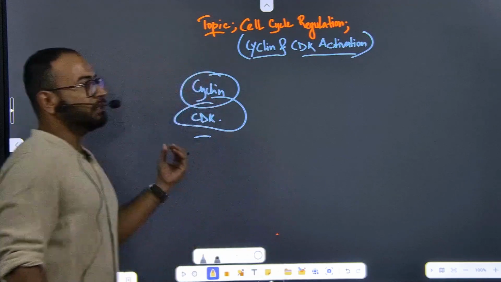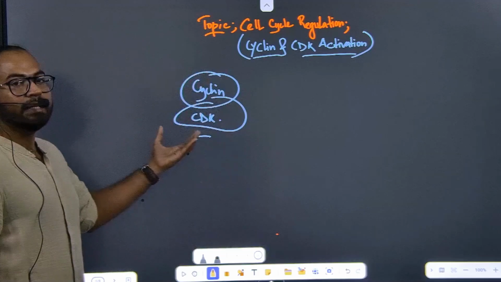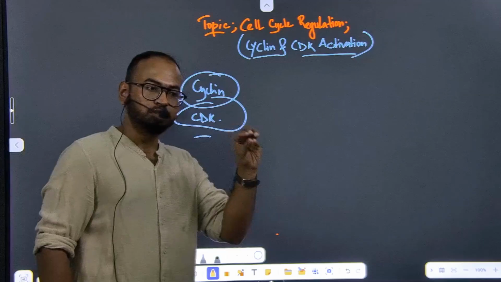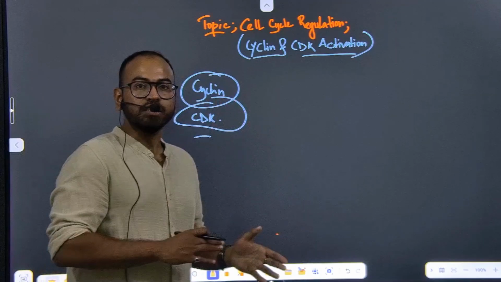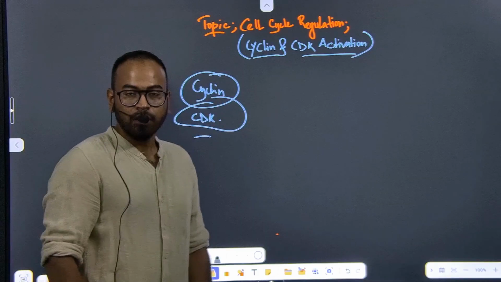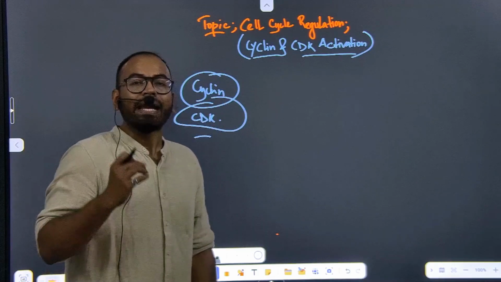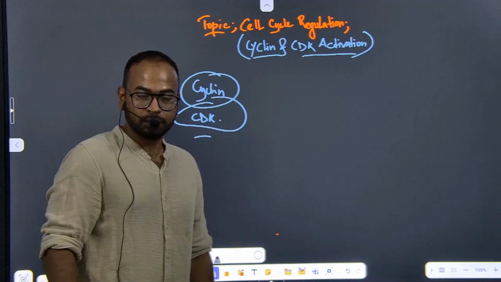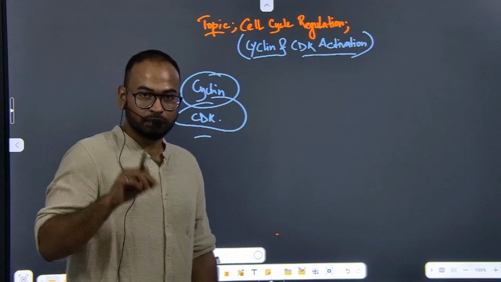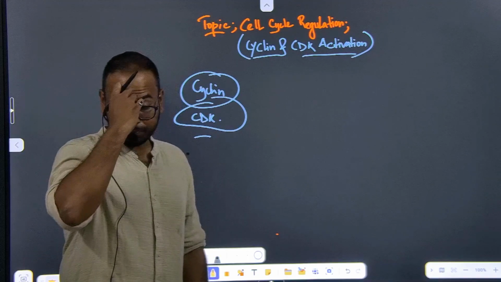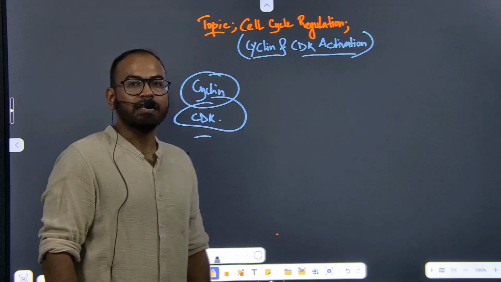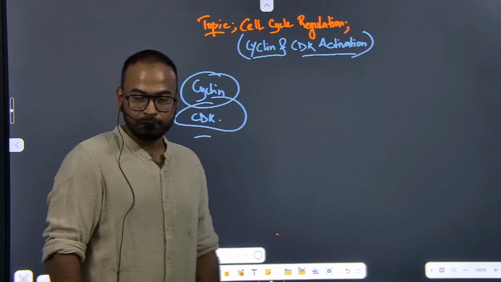Now, what actually happens with cyclin and CDK when a cell is at G0? From G0, the cell enters into G1. As simple as that. For a cell to enter into G1, the first thing that happens in a mammalian cell is activation of cyclin D and CDK4/6.